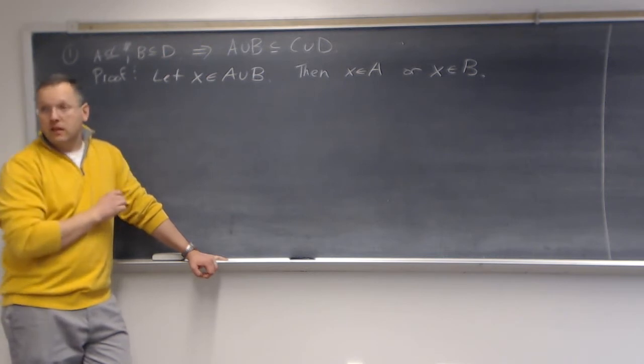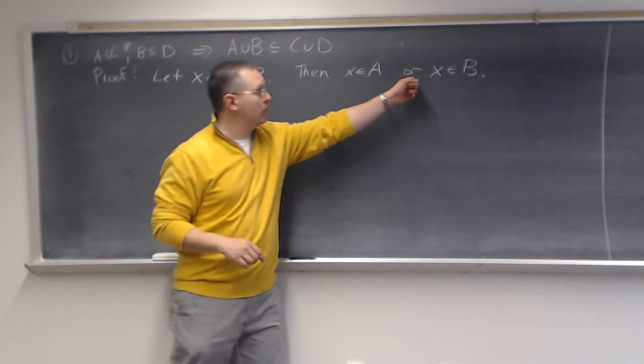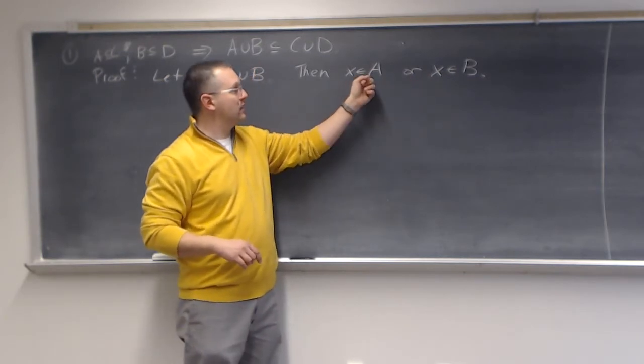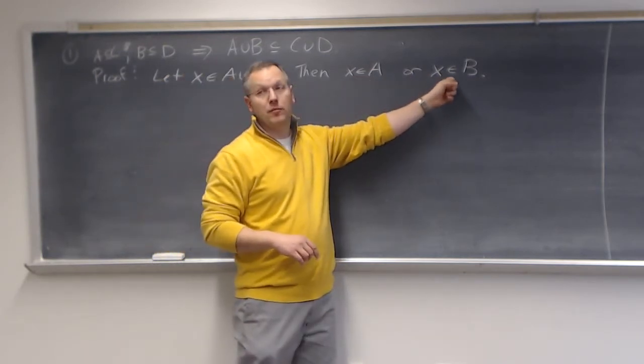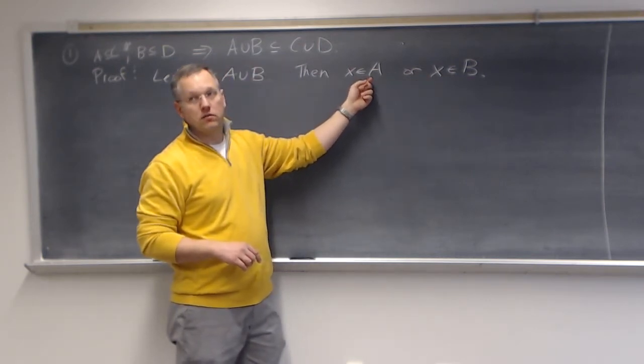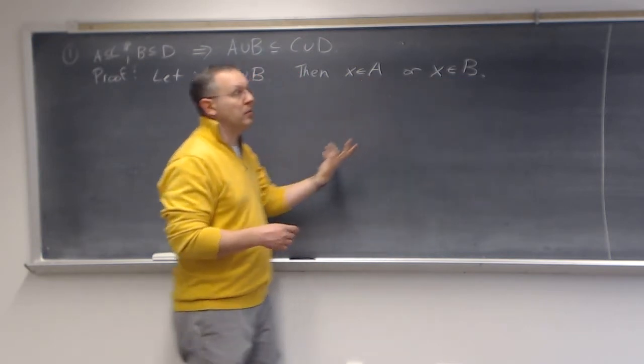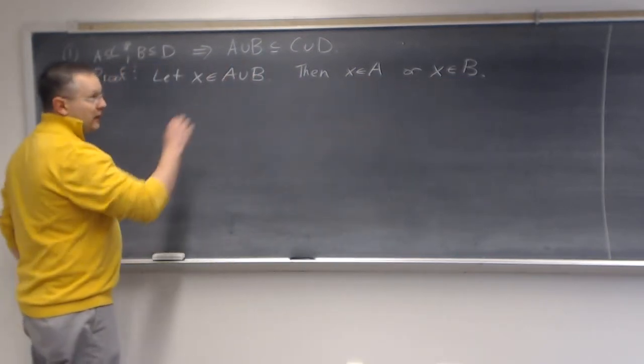X doesn't have to be in A. X could be in B. So you really have to keep this statement combined: X is an element of A, or X is an element of B. You cannot conclude that X is in A. It's either in A or in B, or it could be both. Okay? So you need that statement.